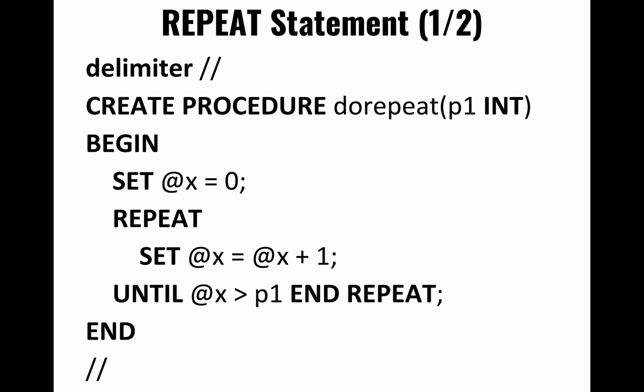You have instead repeat. This is kind of like the do while, where the predicate is at the end of the loop, right? So you at least execute this loop once, and then you decide whether you're going to repeat the loop again, right?